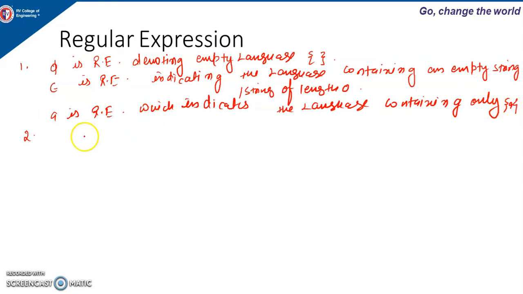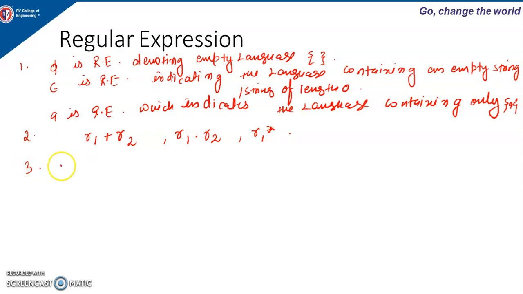Now if R1 is a regular expression and R2 is a regular expression, R1 plus R2 is also a regular expression. Similarly, R1 dot R2 is also a regular expression. If R1 is a regular expression, R1 star is also a regular expression. Why? Because we have just seen these three operators are allowed while writing the regular expression: plus, dot and star.